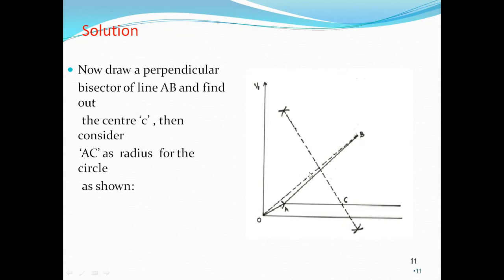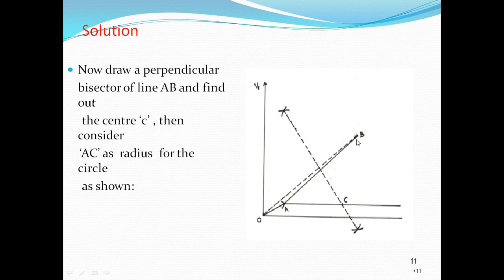How to draw a perpendicular bisector? We have to bisect the line AB. You take a radius more than half of AB and draw arcs on both sides of AB, upper side and bottom side.